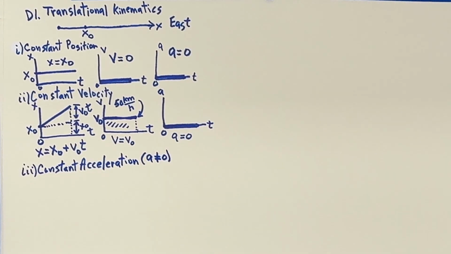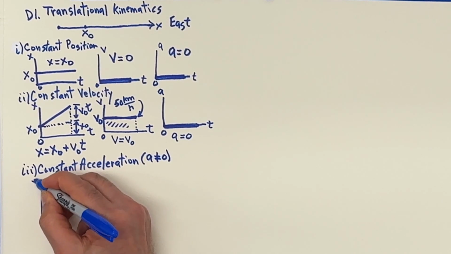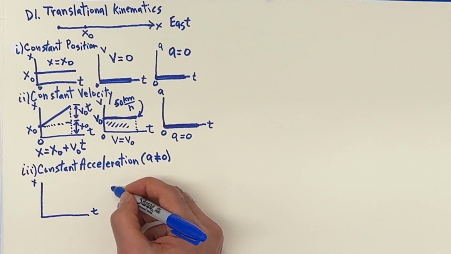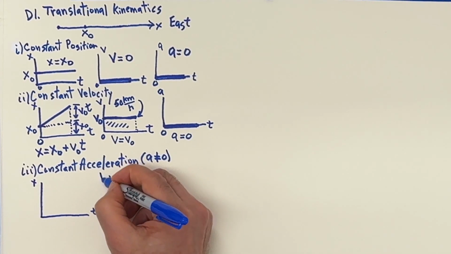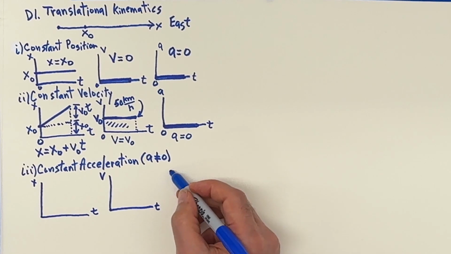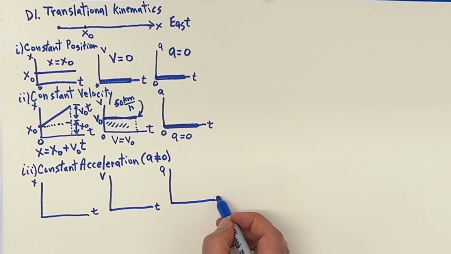So we're doing a more general case. And now we can give the three graphs, say x and time, the velocity and time, and the acceleration and time.